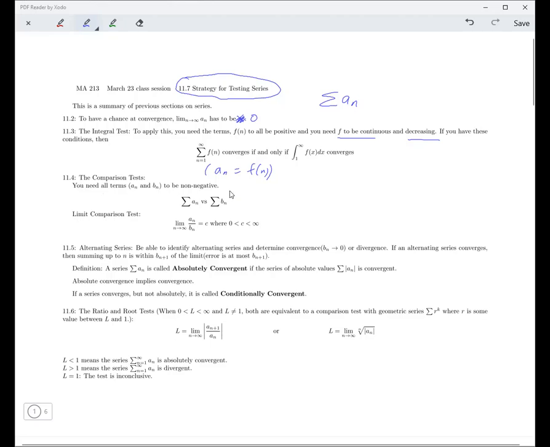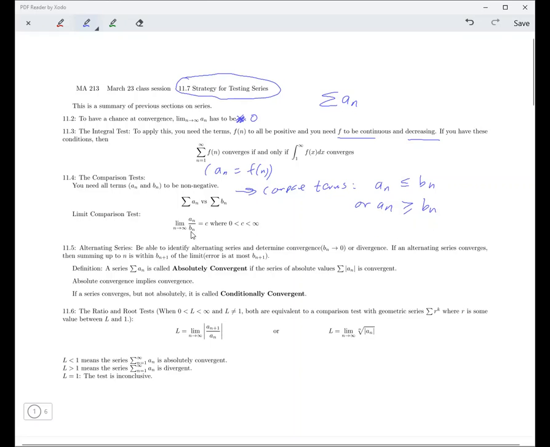So here you compare terms, a_n less than or equal to b_n, or a_n greater than or equal to b_n, and this would be for all n's.